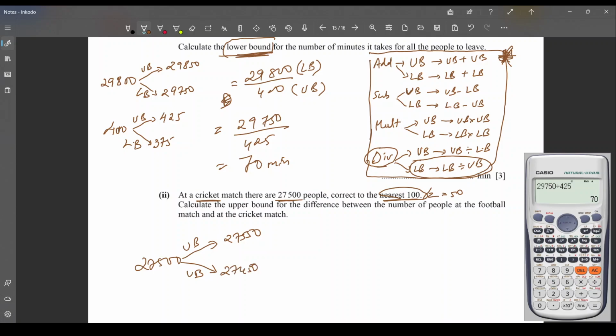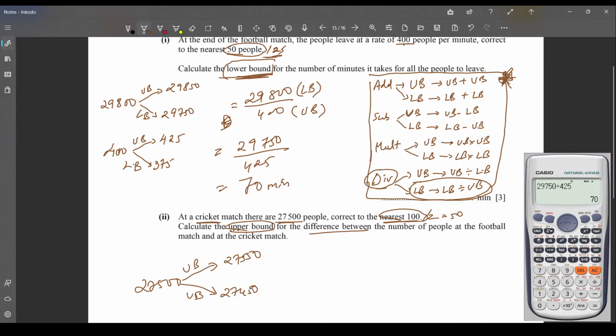And they are asking us to find the upper bound of the difference. The difference means subtraction, so we'll use the formula upper bound minus lower bound.